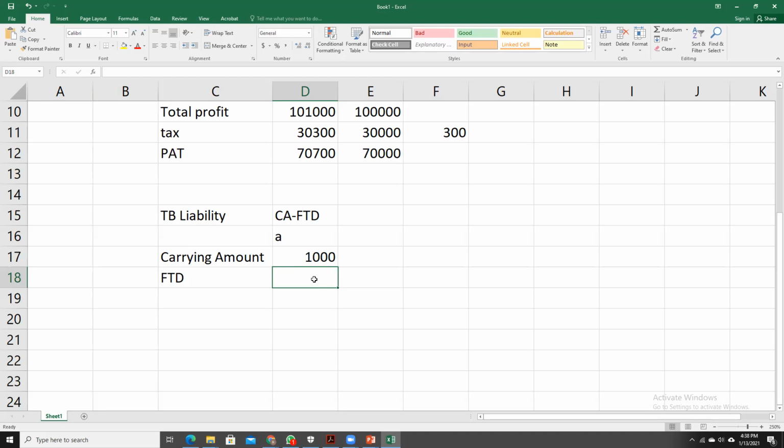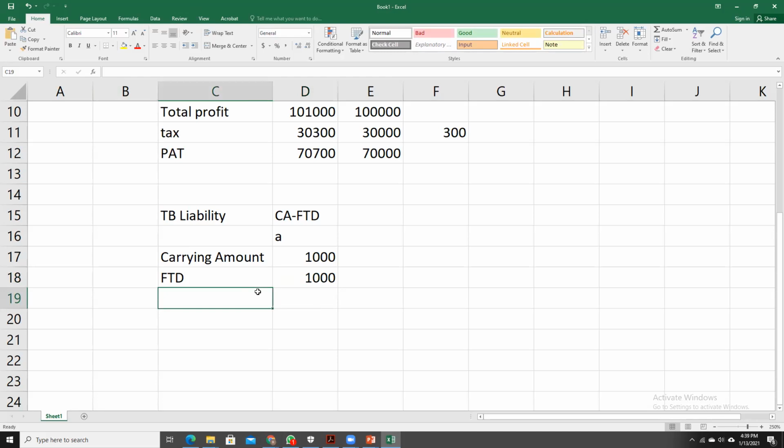How much future tax deductible? 1,000. When you calculate the taxable profit next year, you can deduct this 1,000 as expenses.